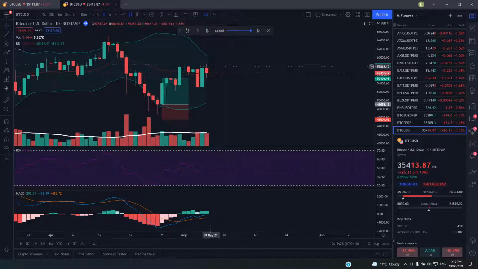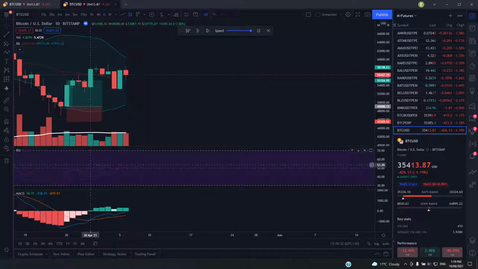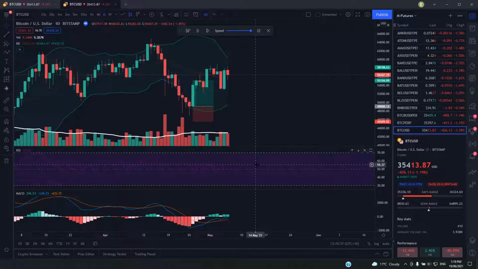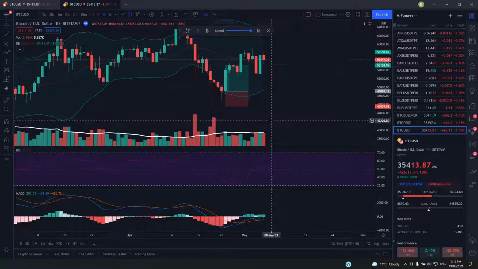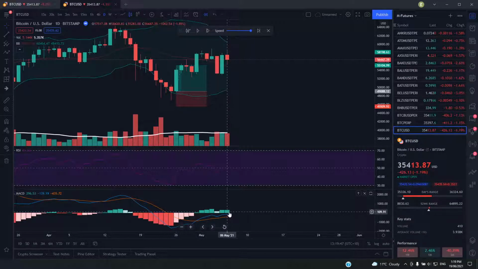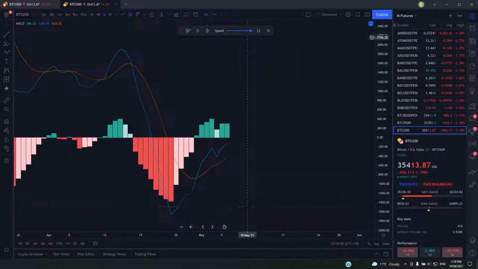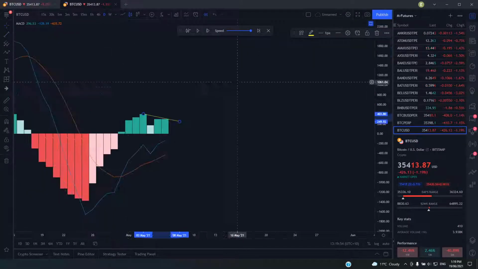All right, so we're managing the trade now. RSI is teetering around the midpoint region. What else can we see? The histogram is there. We have a bearish divergence signal there.